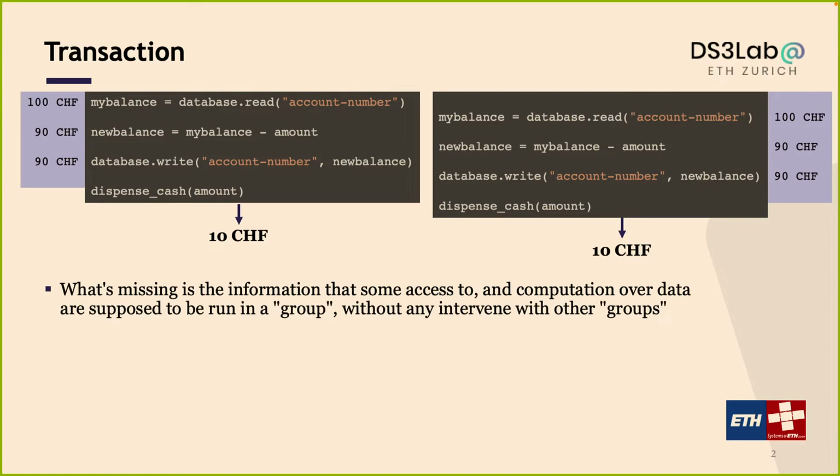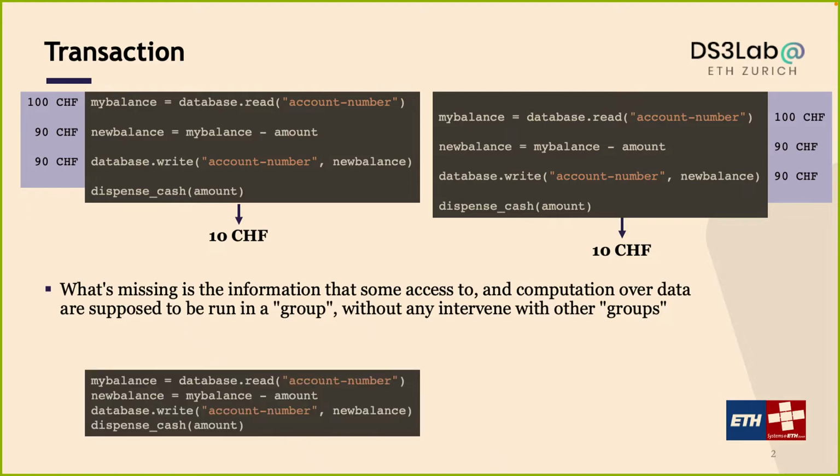If you look at why this could happen, essentially we are missing a fundamental level of abstraction. We need to tell the database system that this is a group of instructions. You cannot treat them separately. They belong to a single group.